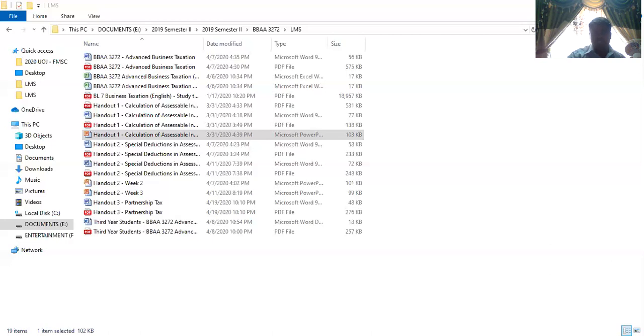For taxation, examples are salaries to staff, advertisement cost, electricity charges, telephone charges. Those expenses can be allowed. In financial accounting also, those expenses can be allowed. So there's no adjustment when you are calculating the assessable income from the business, because you already deducted them in financial accounting. So you don't need to deduct again.